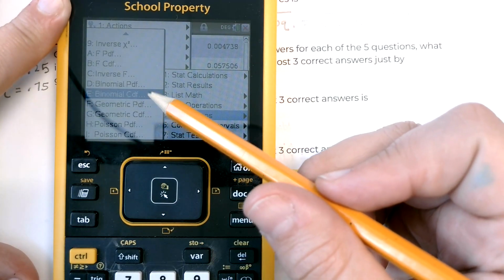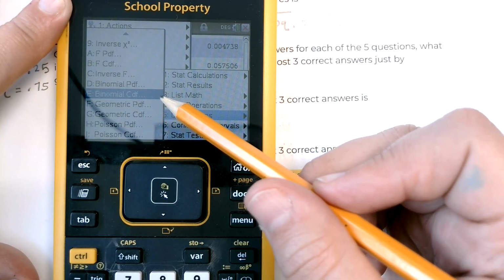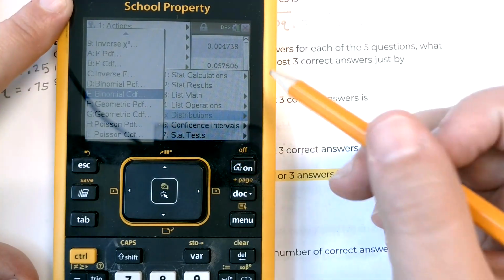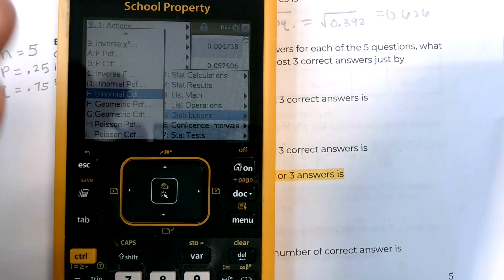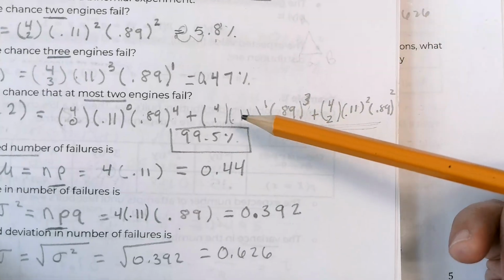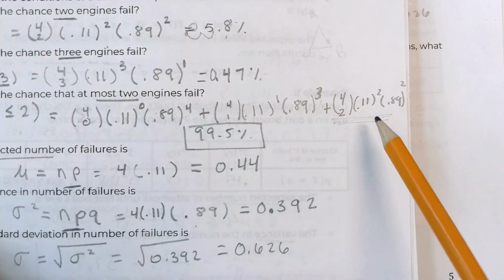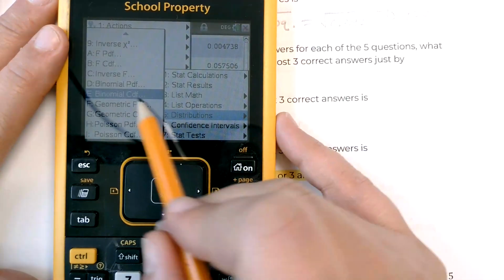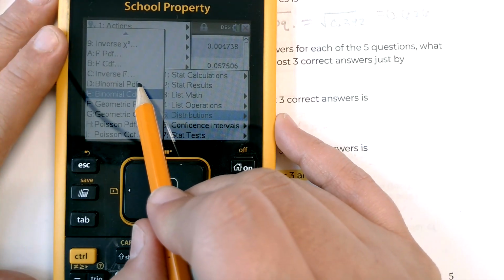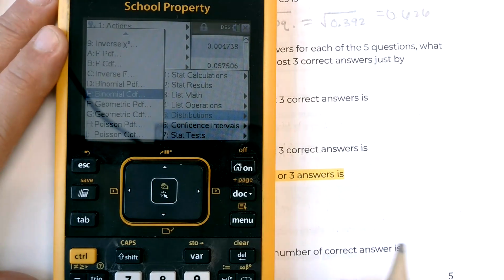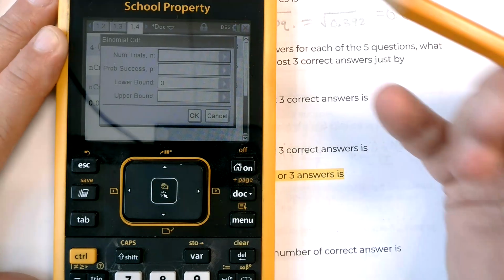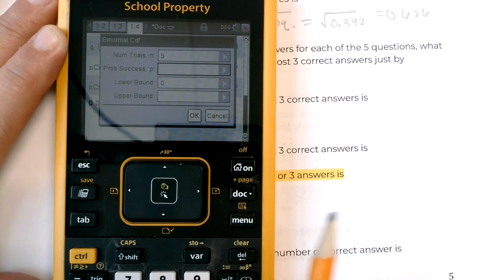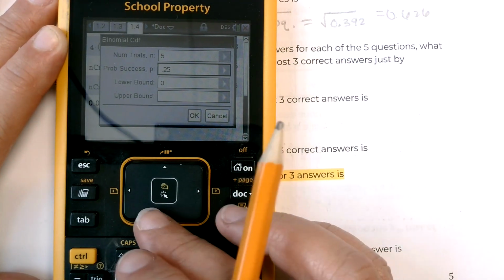Again, that's because we want to add multiple probabilities together, just like we did on the engines failing, where we added the different possible probabilities for each engine failing. So if we don't do that, then we just do PDF, but we're going to do a CDF here. Then it asks for the number of trials, which is 5. Asks for the probability of success, which is 0.25.